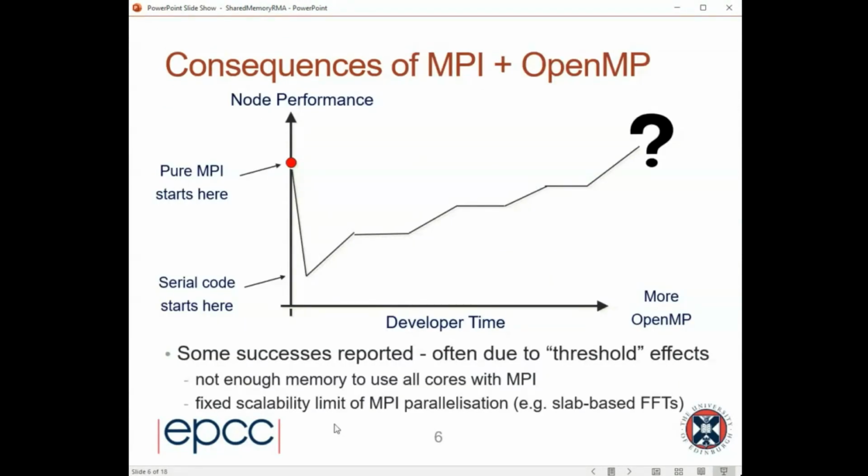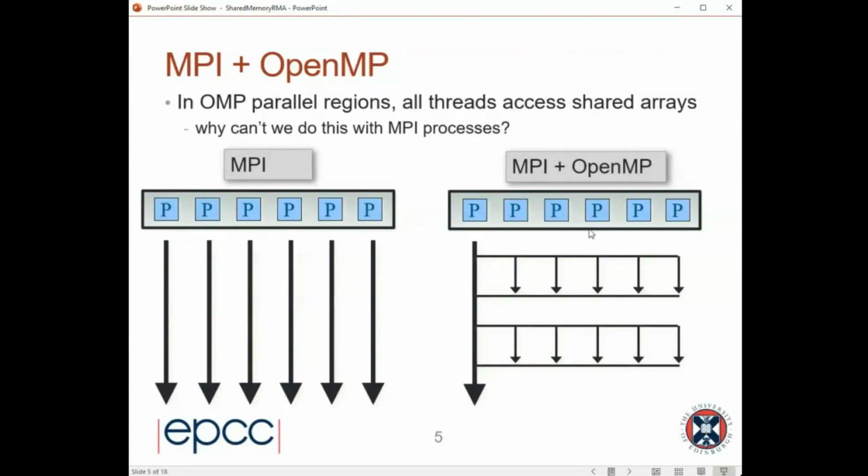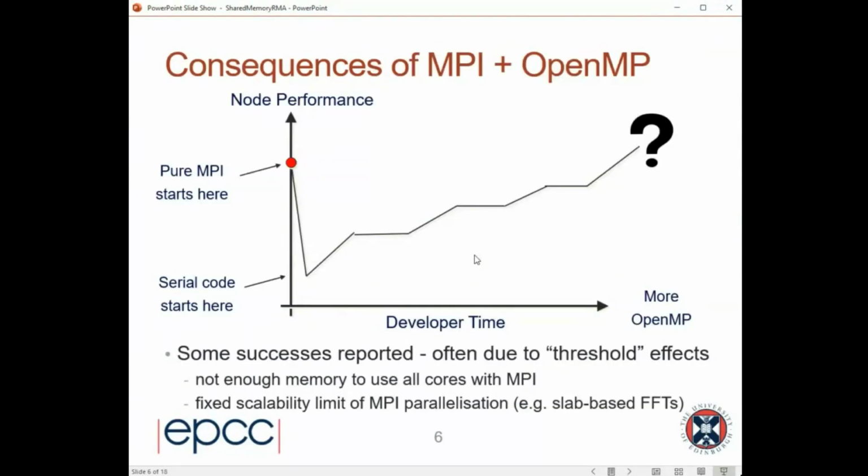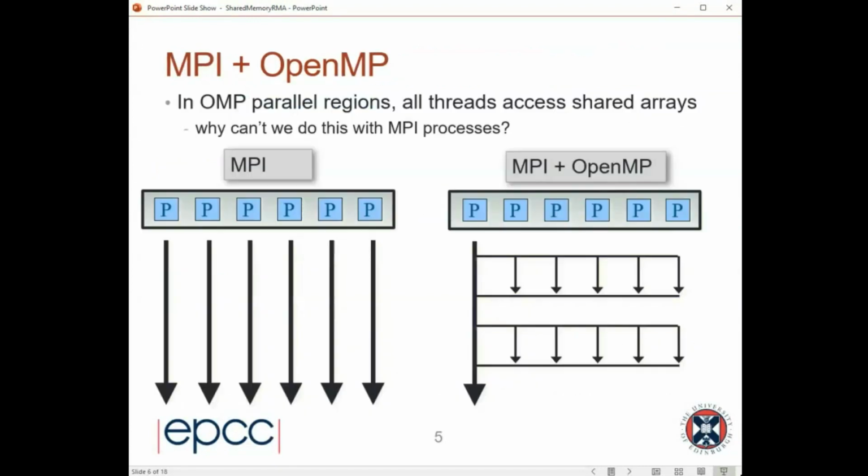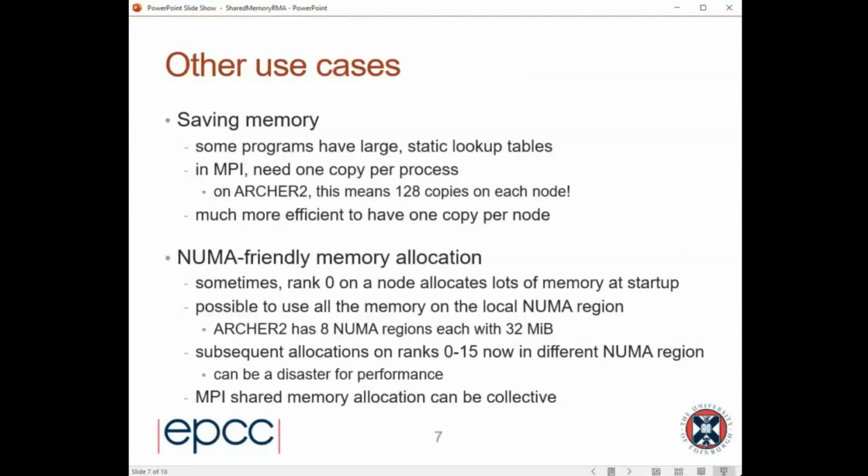As I've said, you don't know if you're going to recover the performance. You lose performance because you have to run fewer processes than CPU cores, but you gain it. What's nice about the shared memory MPI model is it's more plug and play. You can decide at any one time, do I implement this function using MPI processes behaving like threads, or do I leave it as the original MPI version?